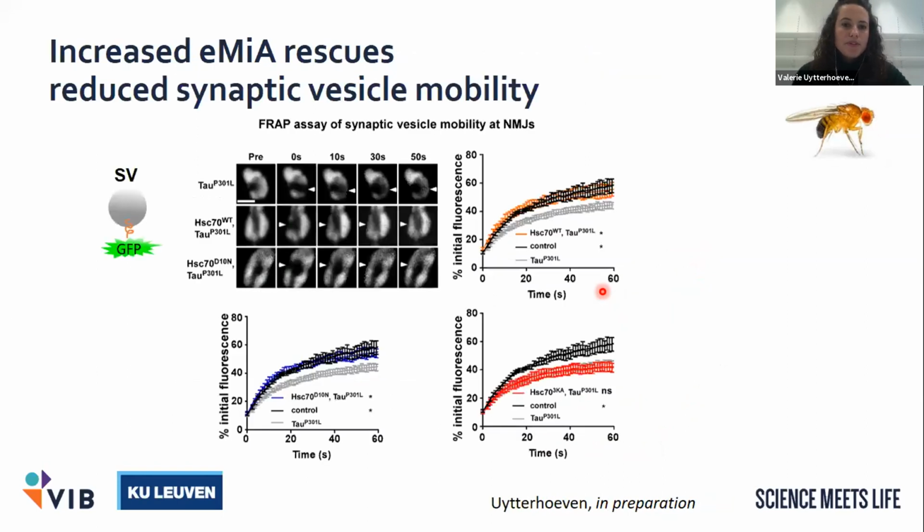We also see a positive effect on the synaptic vesicle mobility that was reduced in the tau mutant neurons. So we can restore the fluorescence recovery over time back to control levels when expressing HSC70 wild type, and also chaperone defective HSC70, but not when we express an endosomal microautophagy defective HSC70.